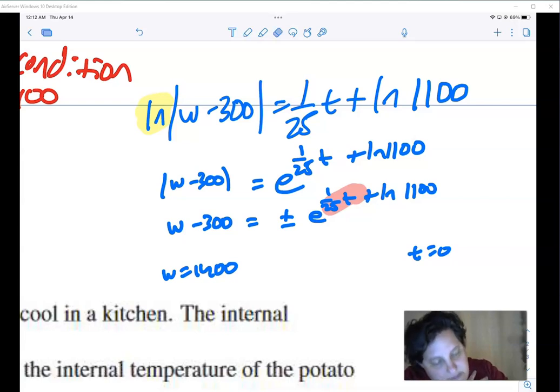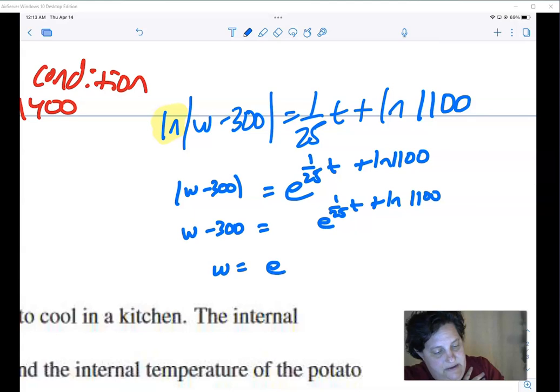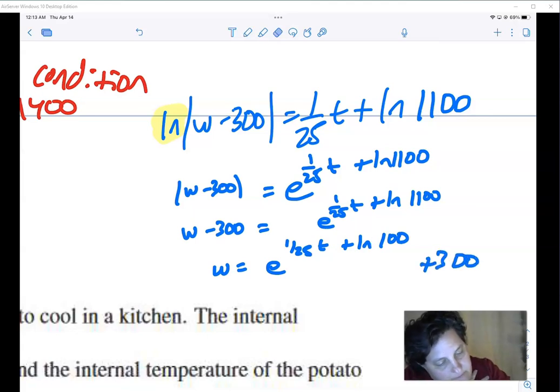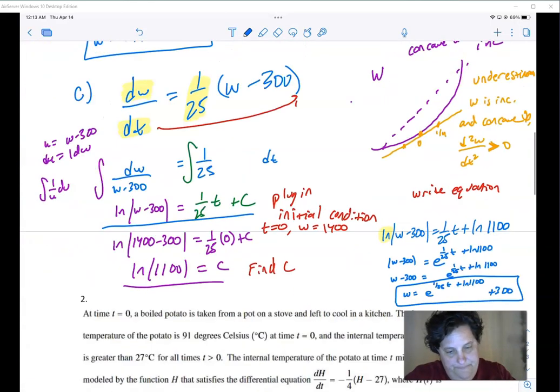It's positive. So that's going to be positive, by looking at my points. So now to solve for w, w is e to the 1 over 25t plus ln of 1100, plus 300. I need to write that a little better. That is my equation.